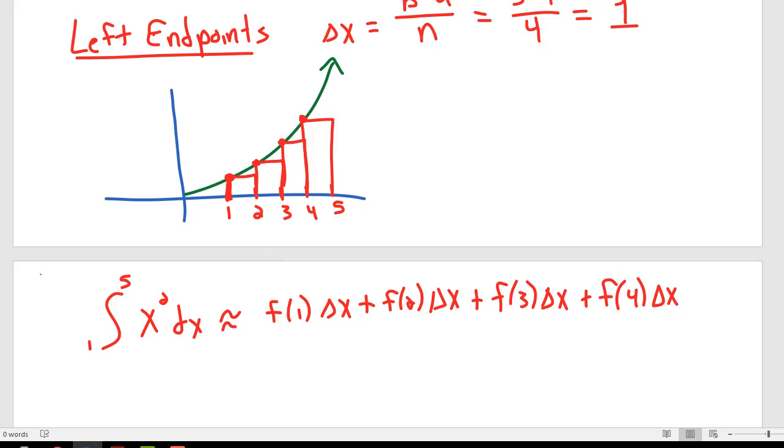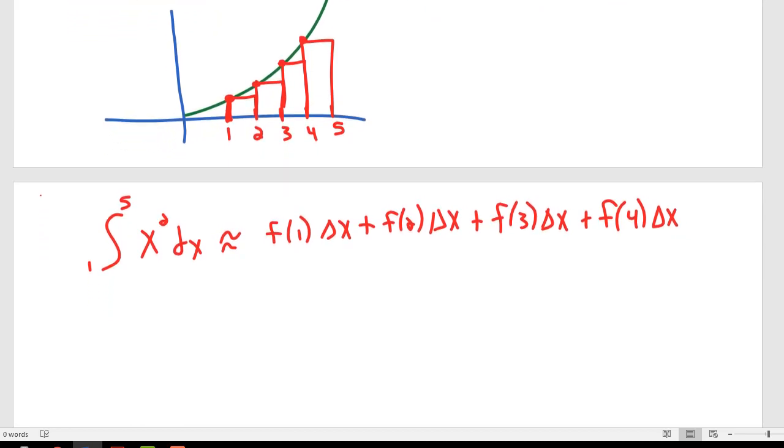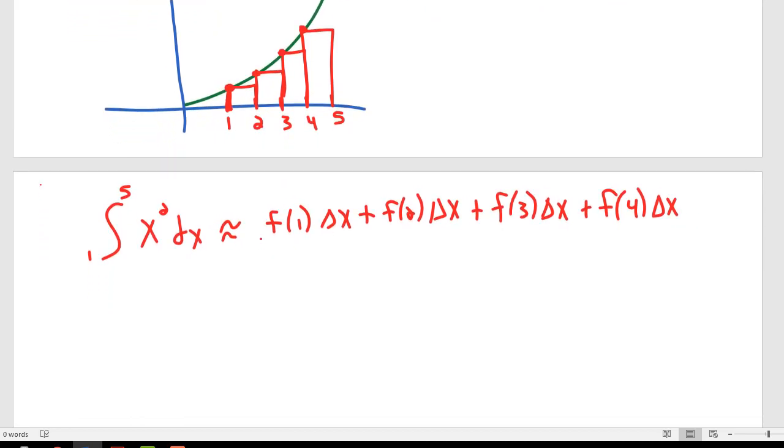Now, for this particular example, we know what those values are. Right? This is 1 squared. Now I want you to keep in mind the delta x is the same for all of these. So this delta x is 1, this delta x is 1, this delta x is 1, this delta x is 1. So I'm going to factor out that delta x, and then I'm going to plug in f at 1. So for this equation, here's 1 squared, and then plus 2 squared, and then plus 3 squared, and plus 4 squared.